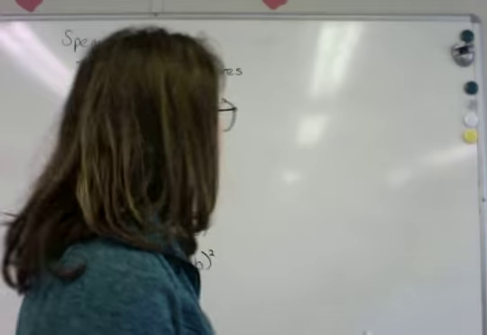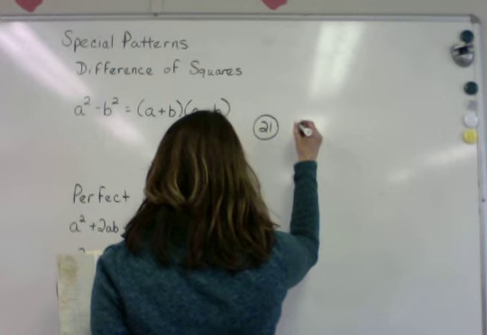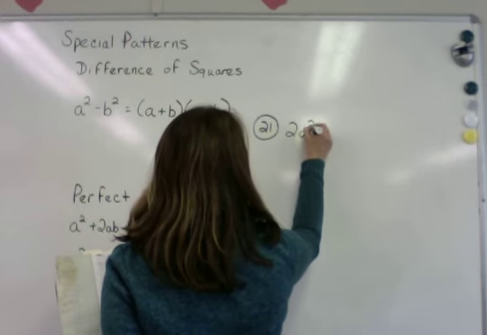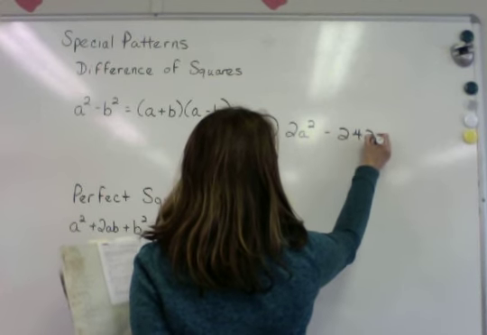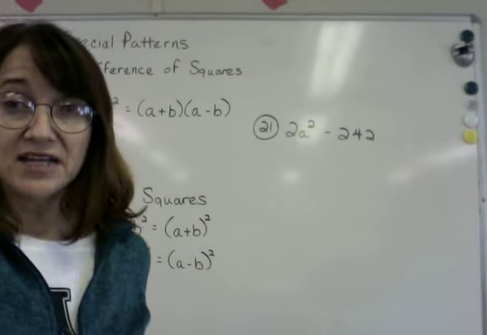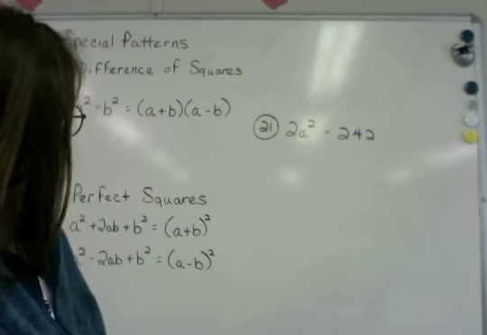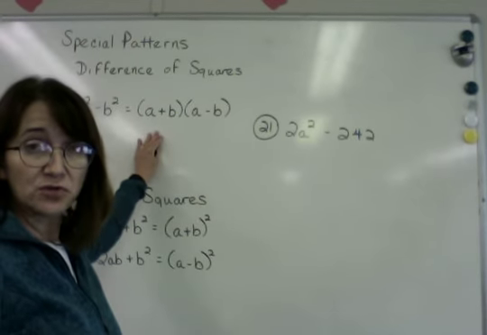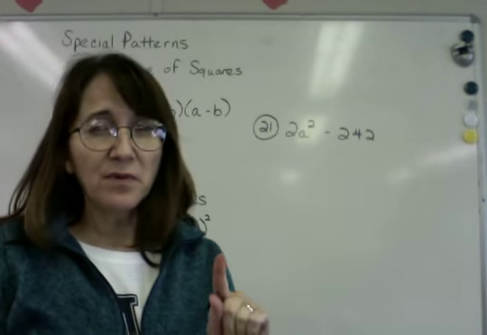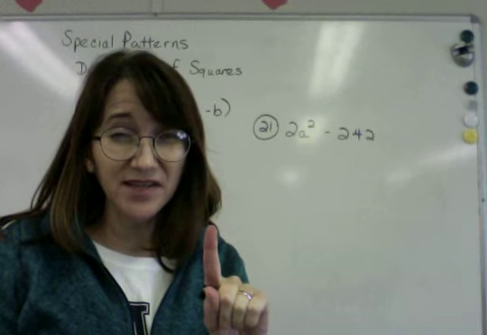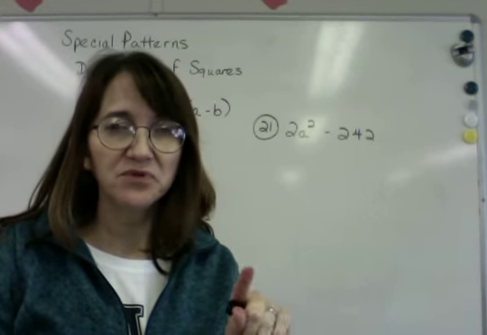So 21 looks like this. I have 2a squared minus 242. Right off the bat, you start saying to yourself, it's a binomial, it's probably going to be difference of squares, right? And that's negative. But do you remember what your first step was to factor a trinomial, binomial, whatever?